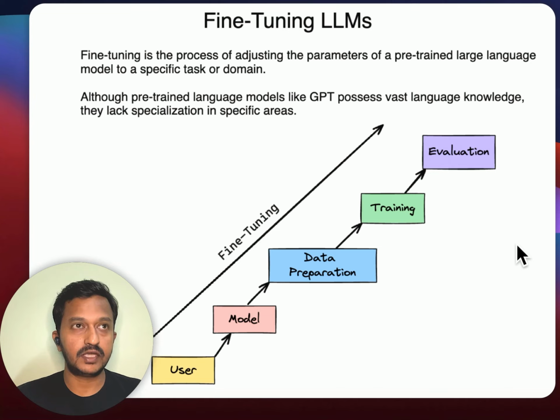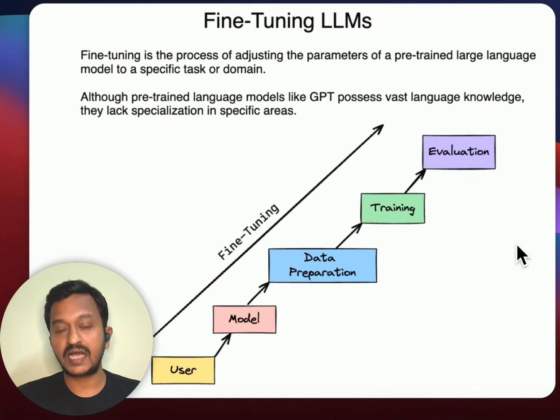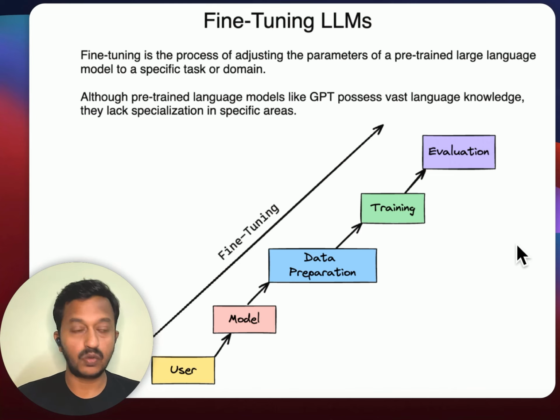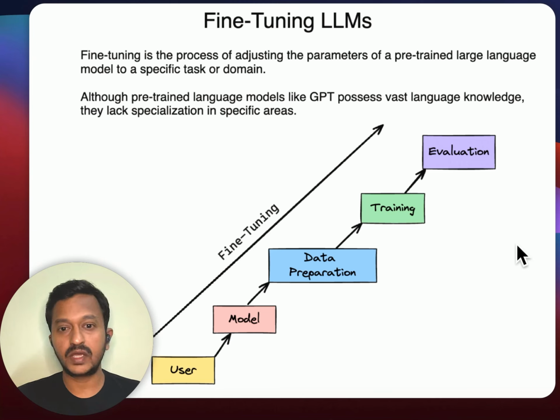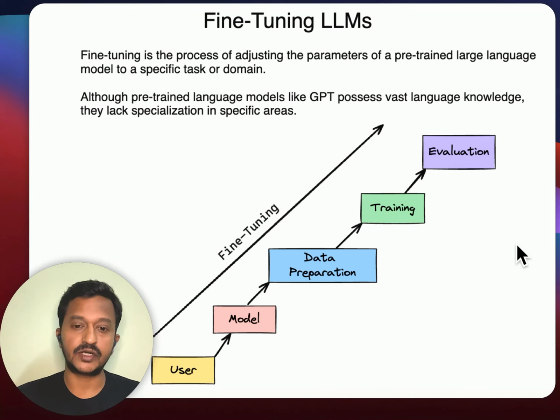For example, if you are working in a healthcare sector and you want to build an LLM powered application in your company, but the pre-trained model won't understand some of the words that you use in your industry or in your startup that is in healthcare. So to use a large language model, you need to fine tune it with your custom data, right? That is where data preparation and training comes into play.